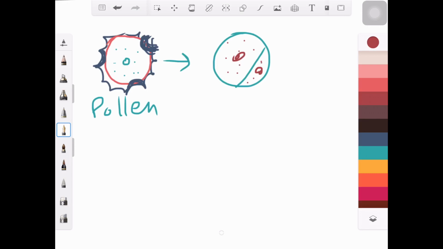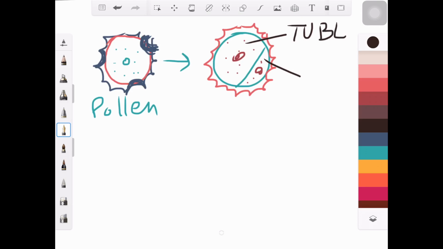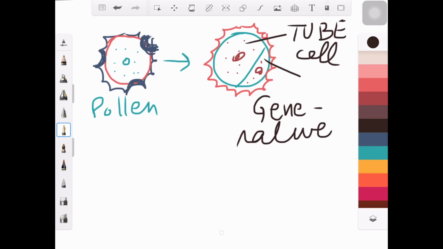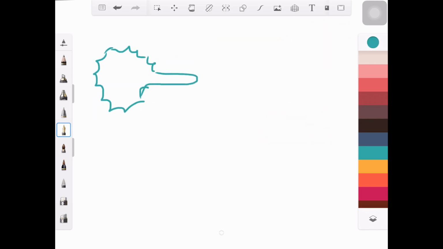It will divide and give rise to two cells: the tube cell, whereas the other cell is called the generative cell.